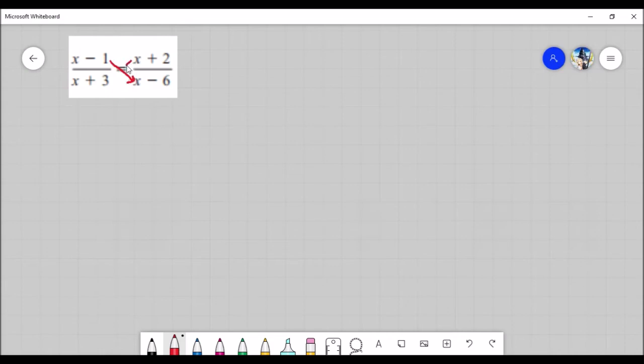It makes a cross when you do so. You can only do this when you have two fractions on separate sides of the equation, and it's only one expression on each side.